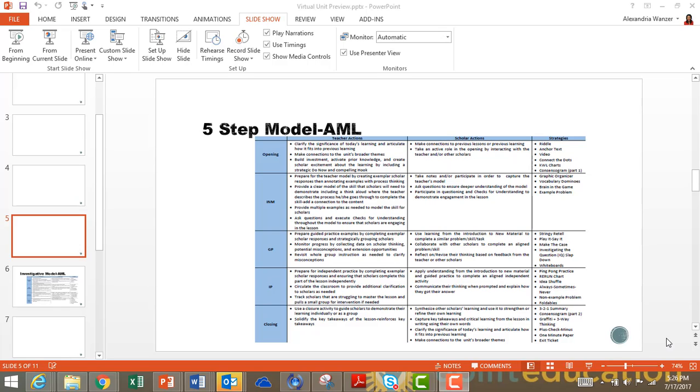Then the INM, where you introduce and go over new material. GP, where the class discusses things, their scholar-to-scholar interactions, and a summary of material learned. Then you have the independent practice, and this is where scholars should be able to execute mastery of part of the lesson, and then the closing, which is the same as the exit ticket.